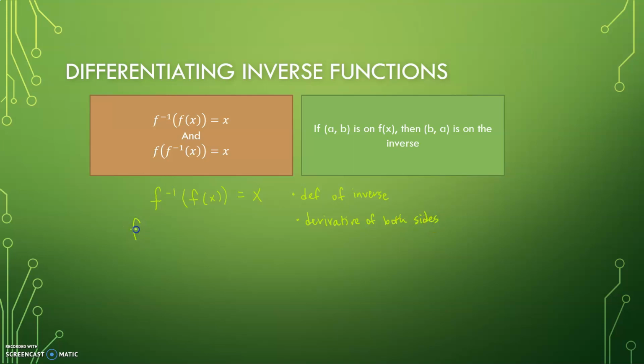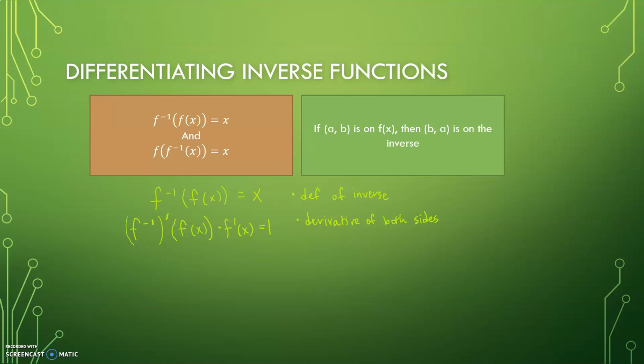So I'm going to take the derivative of f inverse, but this is kind of a chain rule here. It's exactly a chain rule. I'm taking the derivative of the mom, and then I'm going to leave the f of x alone inside because it's the baby. And then I'm going to take the derivative of f. And I'll take the derivative of the other side of the equation, and I get 1.